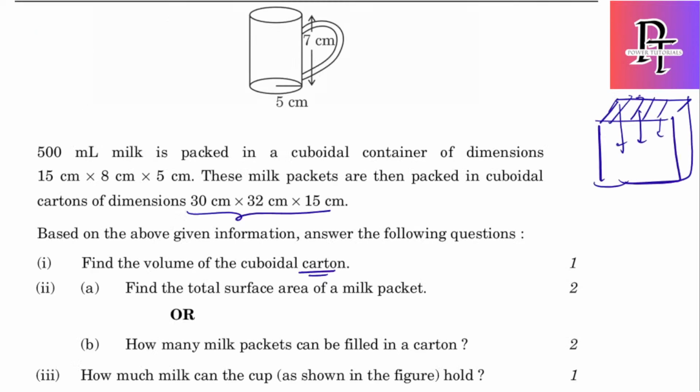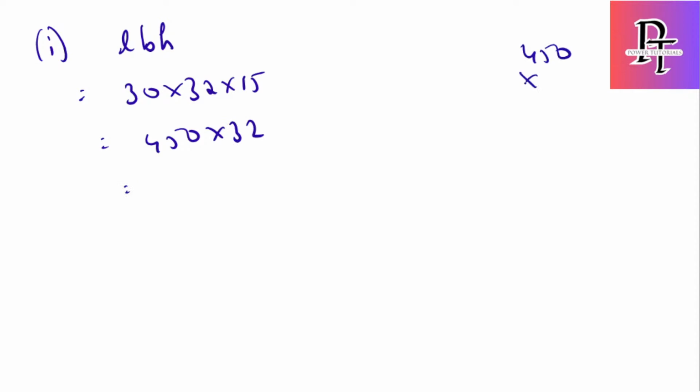30, 32, 15. 30 into 32 into 15. Let's make these two first: 15 threes are 45, so 450 into 32. 450 into 32. 5 twos are 10, let's substitute 0 later. 5 twos are 10, once. 4 twos are 8, 9. 3 fives are 15, 1. 3 fours are 12, 13.